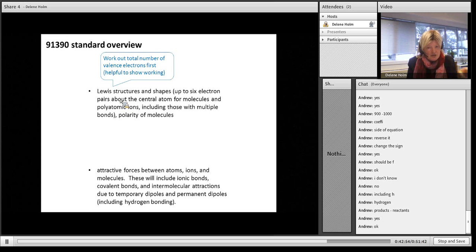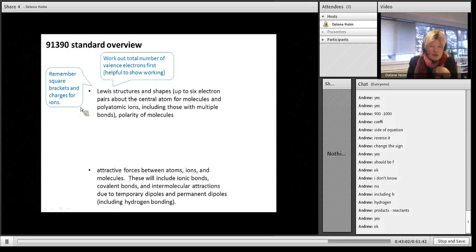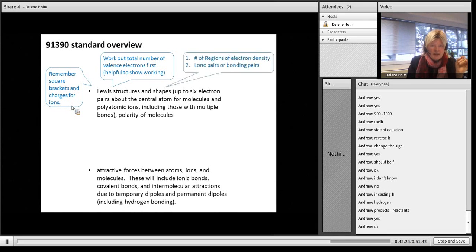So count your dots at the end and see if they work out to be the total number. The other thing is also, remember, if you've got a molecular ion, then make sure you put in the square brackets and the charge. So by molecular ion, I mean if you had CN minus or something like that, NO3 minus, put in those square brackets and the charge.